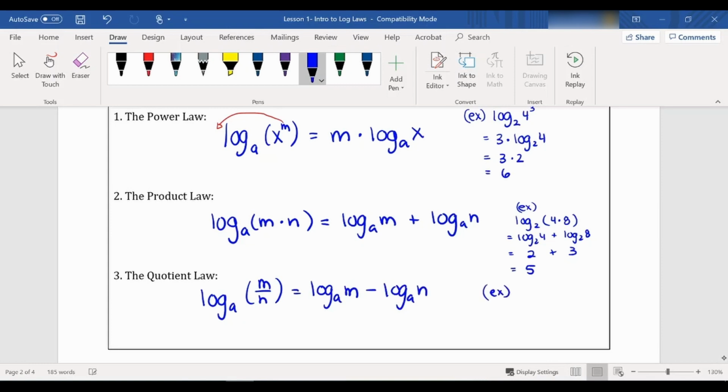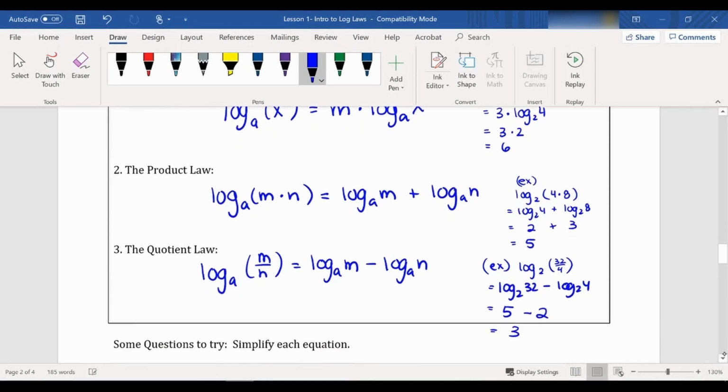So again, if I use these base 2s still, if I do log base 2 of, let's say I had 32 over 4, this is the same as log base 2 of 32 minus log base 2 of 4, which would give me 5 because 2 to the power of 5 is 32, minus 2 because 2 to the power of 2 is 4, which would give me 3.